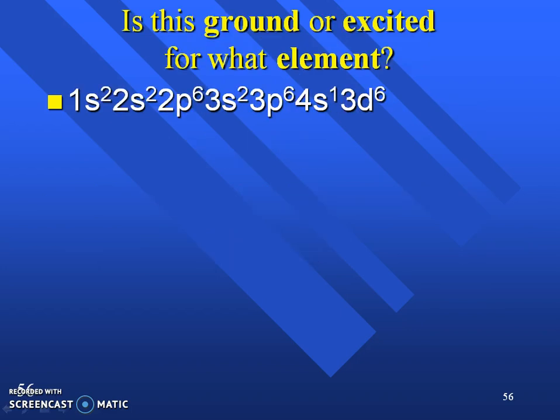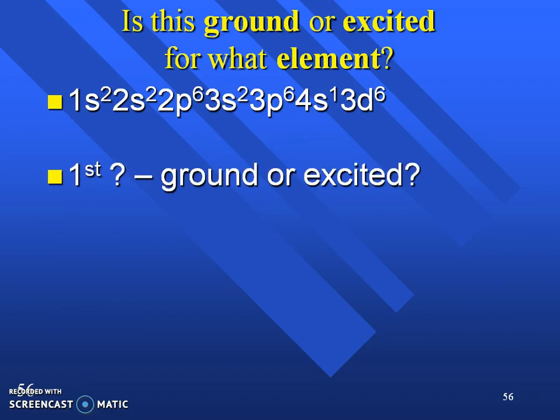As long as you see that there's the same amount of electrons, but just one is being shifted somewhere else. Okay, so if we look at this first, my first question is going to be, is this electron configuration a ground state configuration or an excited configuration? Hopefully you figured out that it was excited. And again, the reason why is you don't have a filled 4s orbital here, right?